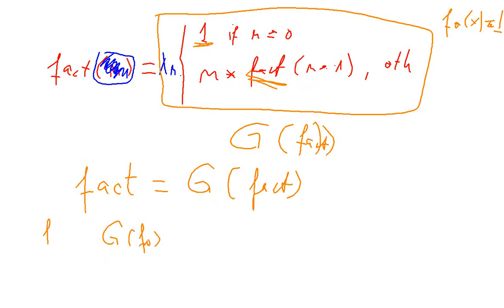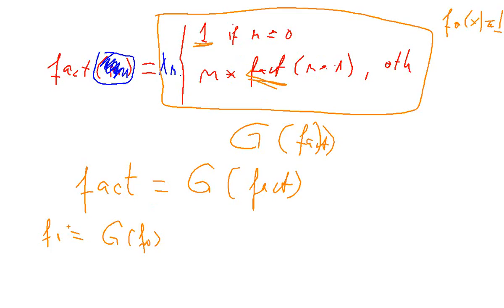So let's call this f1. Now g of f1 is going to be what? It's going to be a function that is defined in two places. It's first of all defined as 1 for n equals 0, and also it's going to be defined for n equals 1, right? Because when n equals 1, I get n equals 0 here, and this f0 is defined, so this f1 is defined for n equals 1, right?